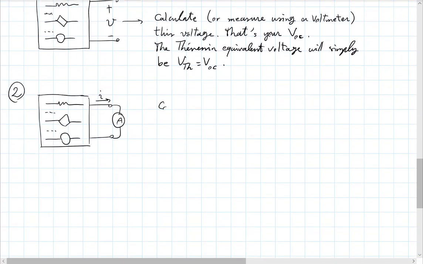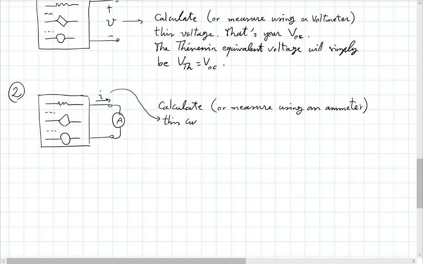So calculate or measure using an ammeter in the lab this current. That's your short circuit current.